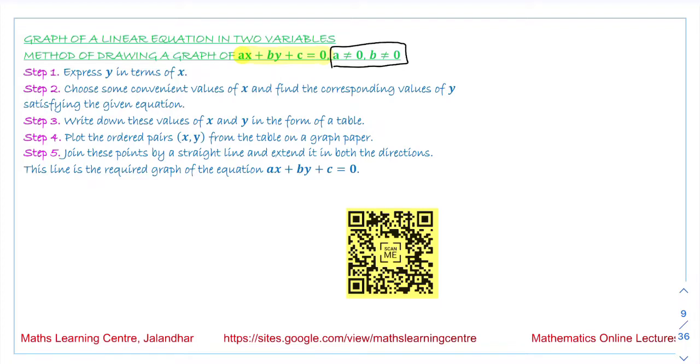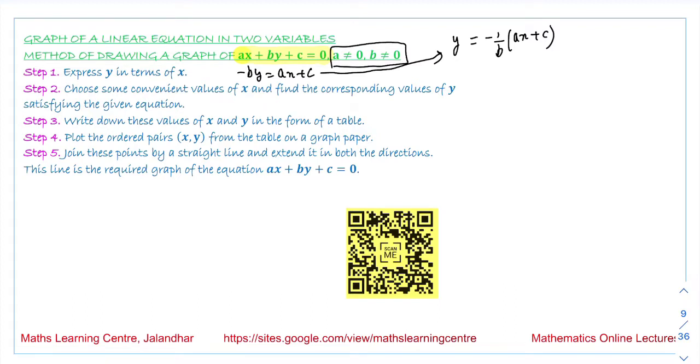So first thing we have to do, we will express y in terms of x. So it is y is equal to minus 1 by b into ax plus c. When you write this equation, this is minus by is equal to ax plus c. So this gives us y is equal to minus 1 by b into ax plus c.